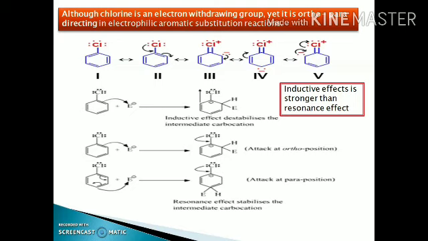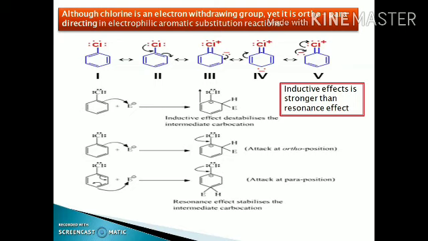The resonance effect is more effective at the ortho and para positions, hence chlorine or the halogen atom tends to stabilize the carbocation. But in halogens, the inductive effect is stronger in comparison to the resonance effect, and this results in a net electron withdrawal, which results in the deactivation of the aromatic ring towards reactions.